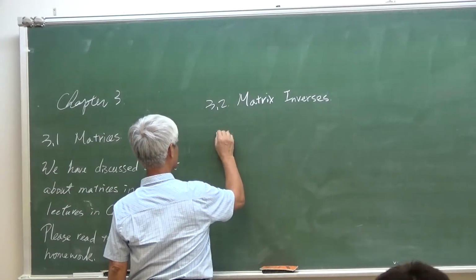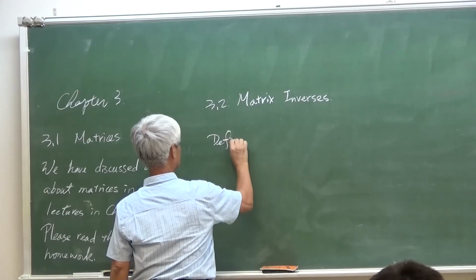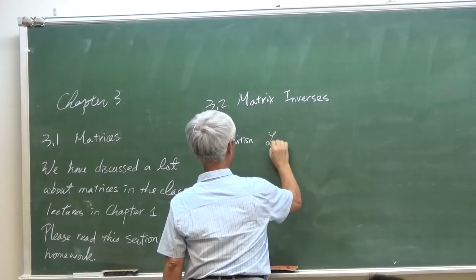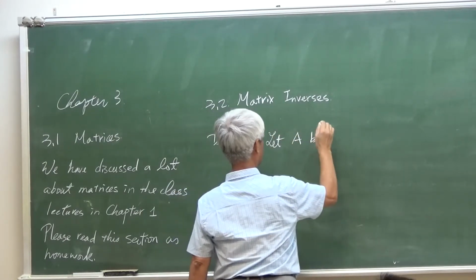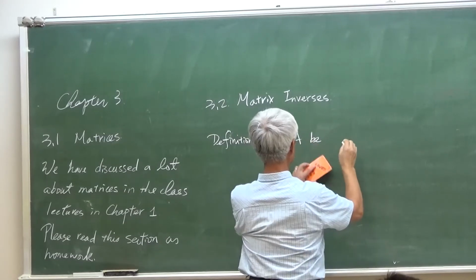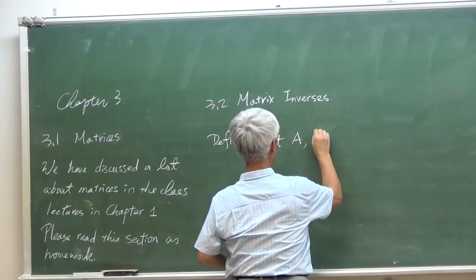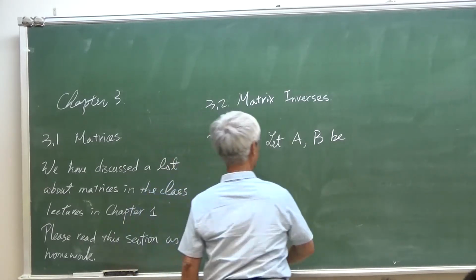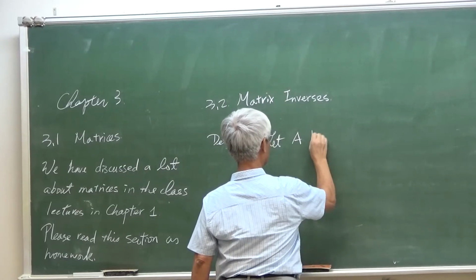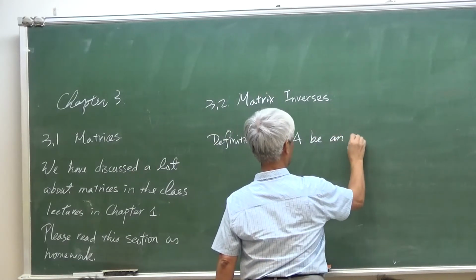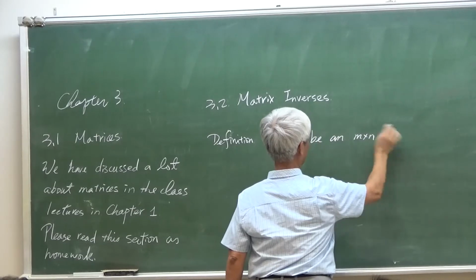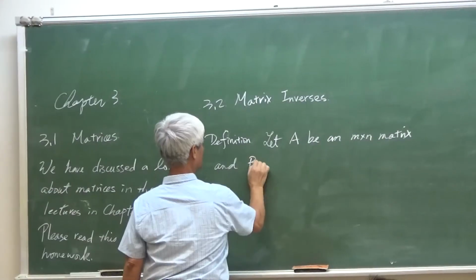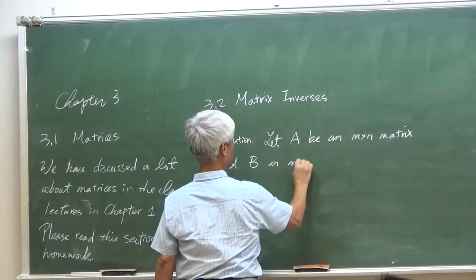Alright, so definition. Okay, so let A be an M times N matrix, and B an N times M matrix.